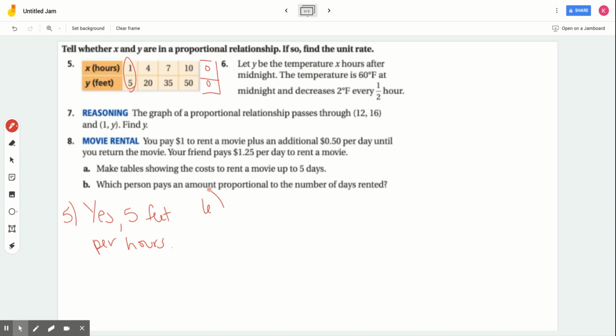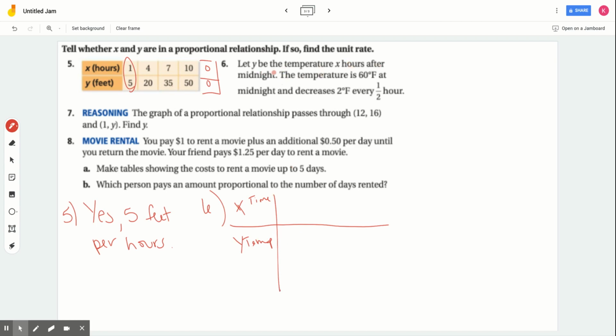Now, on number 6, let y be the temperature x hours after midnight. The temperature is 60 degrees at midnight and decreases every half hour. So let's kind of make a table here. So we have x and y. So this is the time, and this is the temp. So it says after midnight.